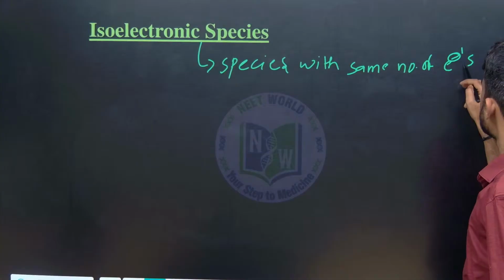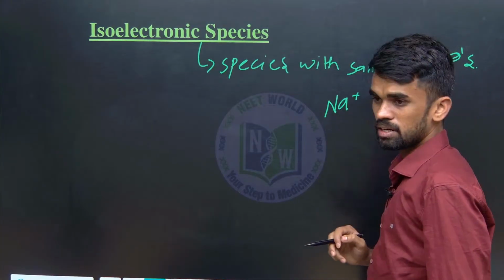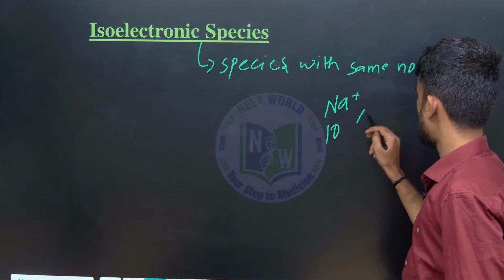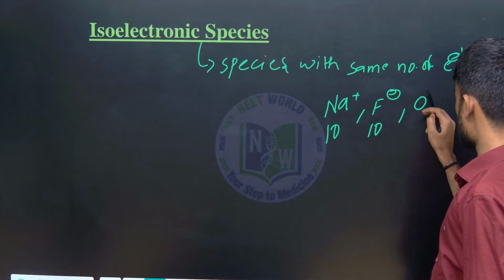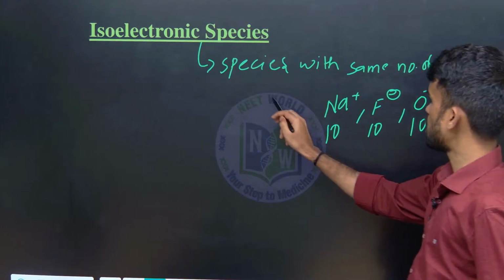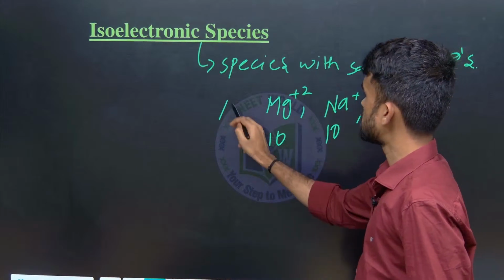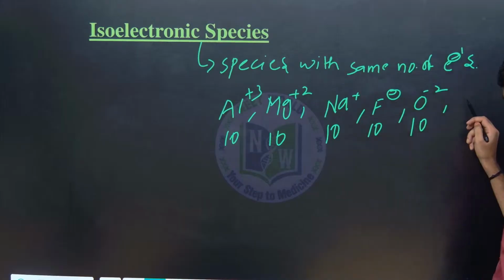Give some examples. Na+, how many electrons are there? 10. Next, F-. How many are there? O-2. How many? Mg+2, 10. Al+3. N-3.